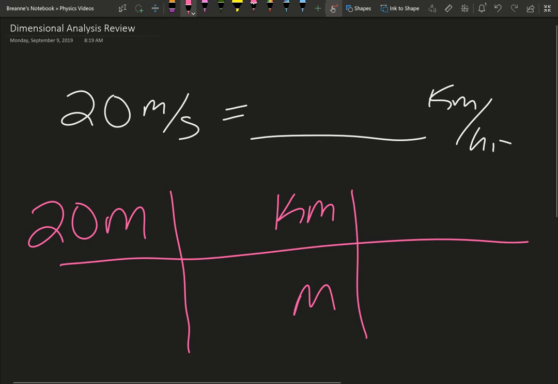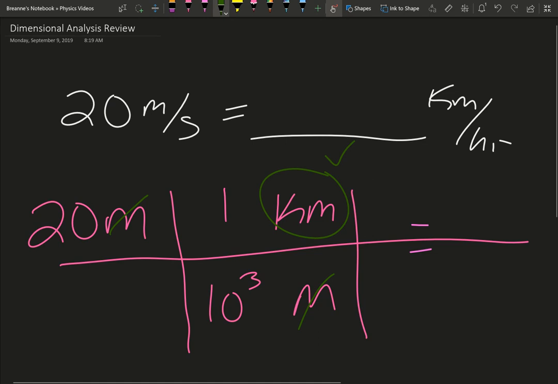So those prefixes. It says for 1 kilometer, you have 10 to the 3 meters. And then you just multiply across. The goal is to make the meters cancel, which they do, one on top, one on bottom, and you're left with kilometers.